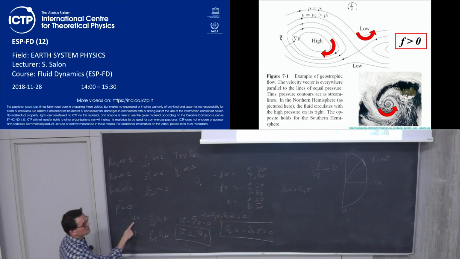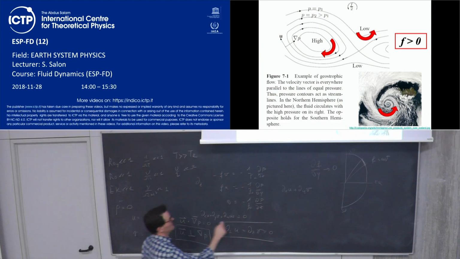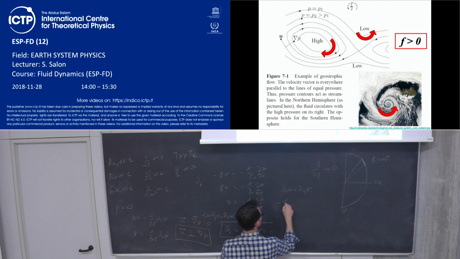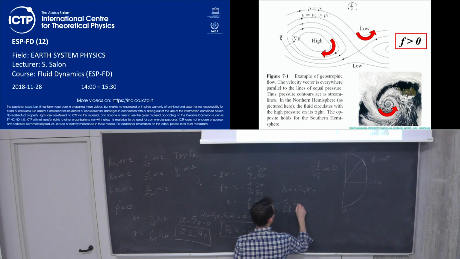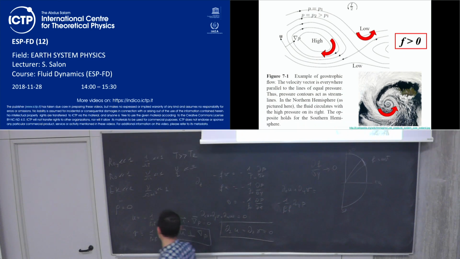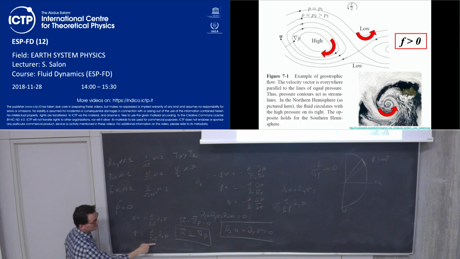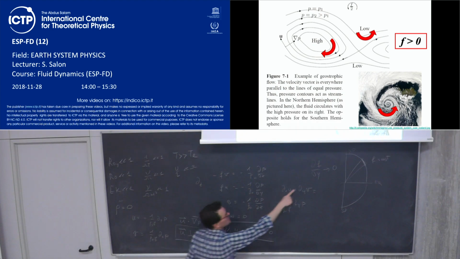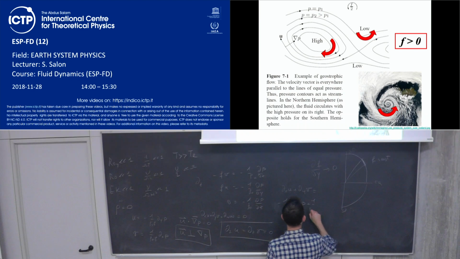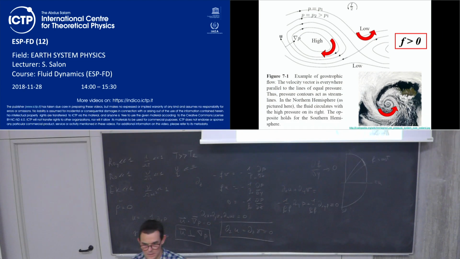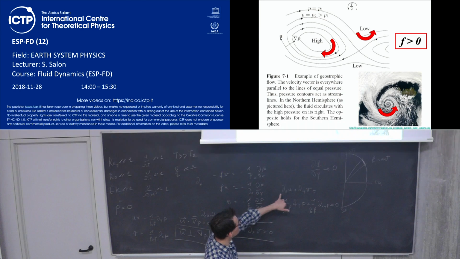So here it's easy because for the u, we will have only minus 1 over rho f, the derivative ∂y of p. And here, since we have said that the variation of f with respect to y tends to 0, we can also do the same, and we will have 1 over rho f, ∂x∂y of p, and it's equal to 0. Okay?